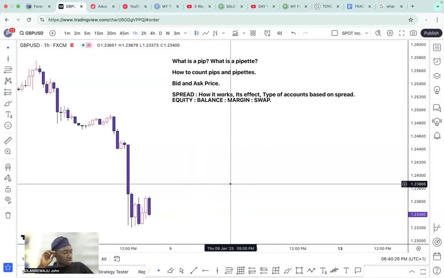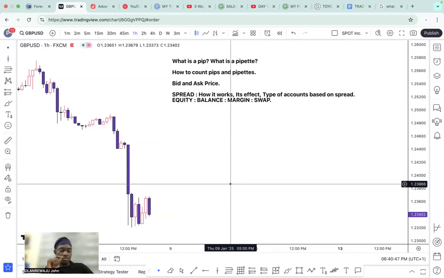But in the real sense, when you check it from MT4 itself, what you will see is 1.2340 right now, with a raised number.